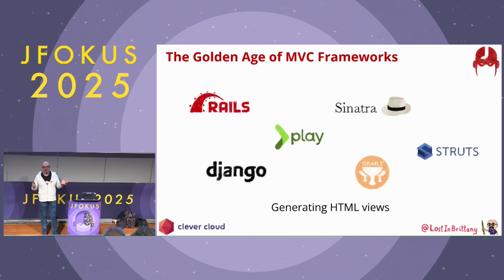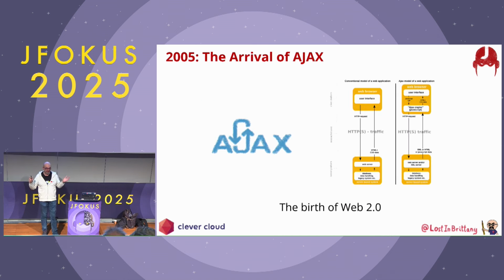But something happened around 2005, something called AJAX. The idea was that elements could make arbitrary requests to the server, get a response, and by using some mix of JavaScript or other nasty things in Internet Explorer, they could update not the whole page, but only a part of it.